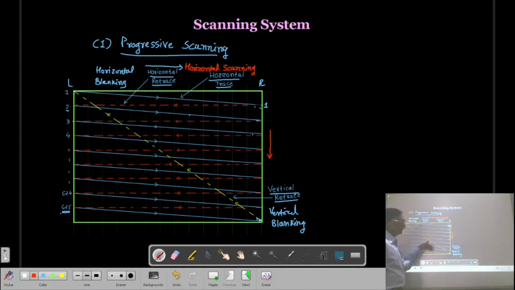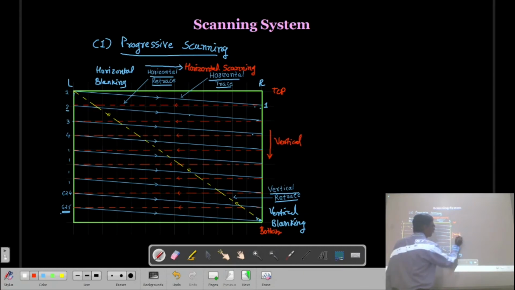So to go for the next one, the electron beam is moving from top to bottom. This is known as vertical scanning. So the two scanning are taking place simultaneously.